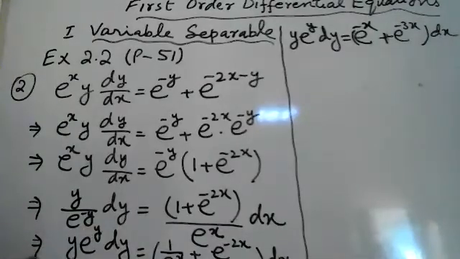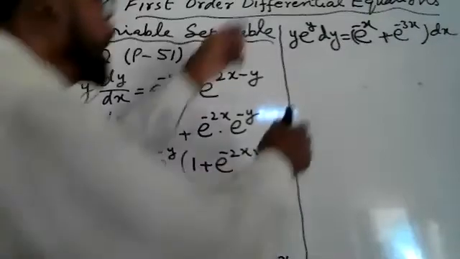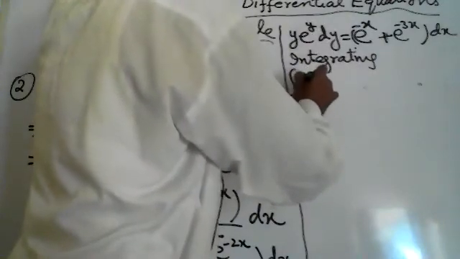Okay, now we will integrate. Integrating: integral y e raised to power y dy equals integral e raised to power minus x plus e raised to power minus 3x into dx.